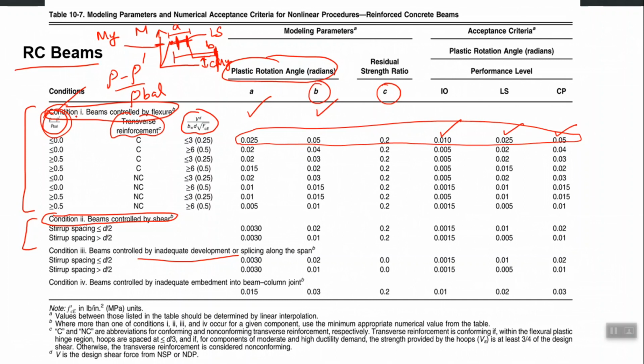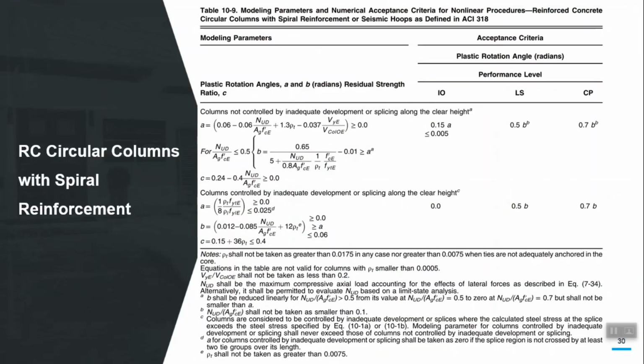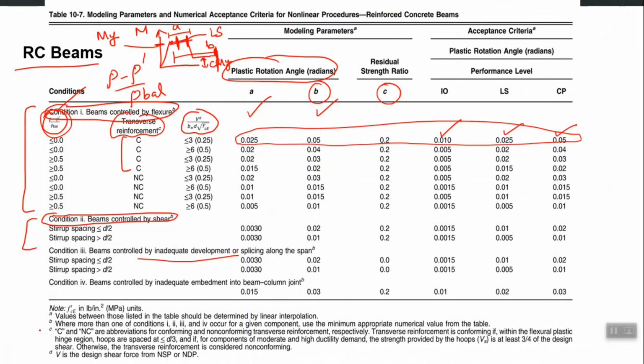Similarly, within condition 1, there is something called transverse reinforcement, and in the next few slides I will show what it actually means. You can even read it here. Conforming means there is a spacing requirement: if the spacing of hoops is less than d by 2 within the plastic hinge region at the ends, and a second condition is also fulfilled, then it is conforming.